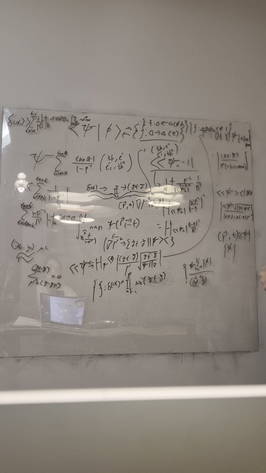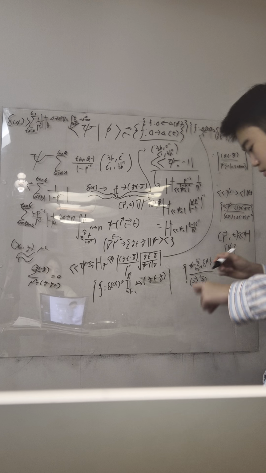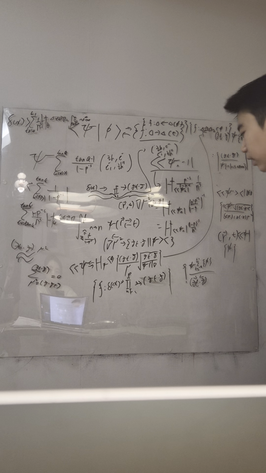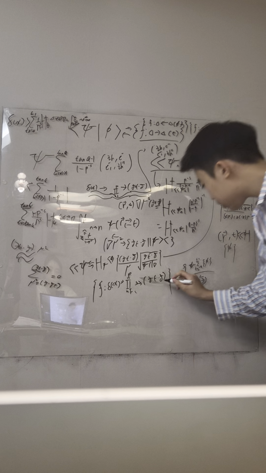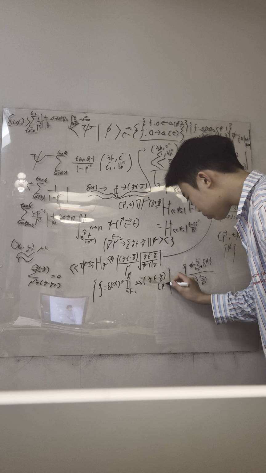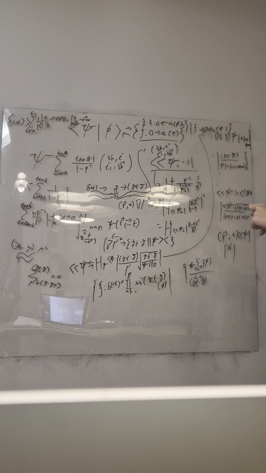This should be actually the correct graph. And with this phi, which is 0.